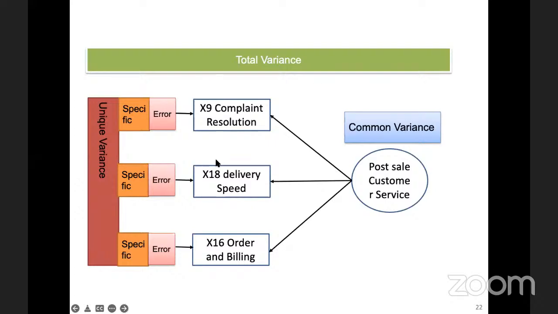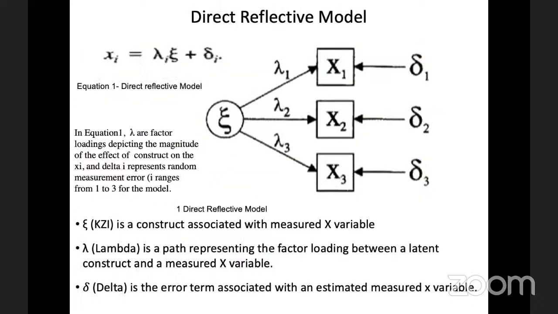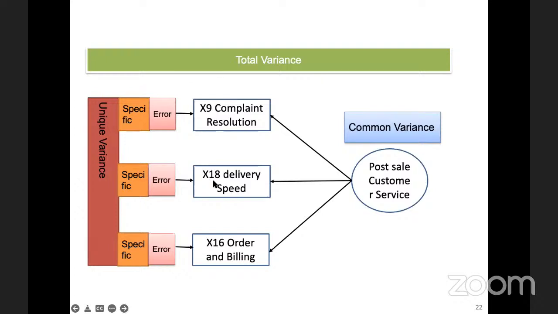That simply implies, for example, I'll give you a small example: complaint resolution is the variable, and we say that complaint resolution explains a certain level of post sale customer service.